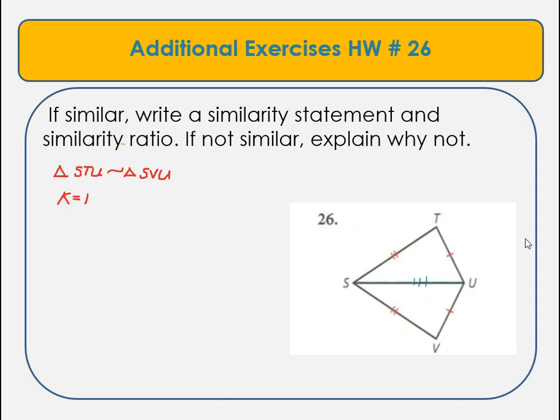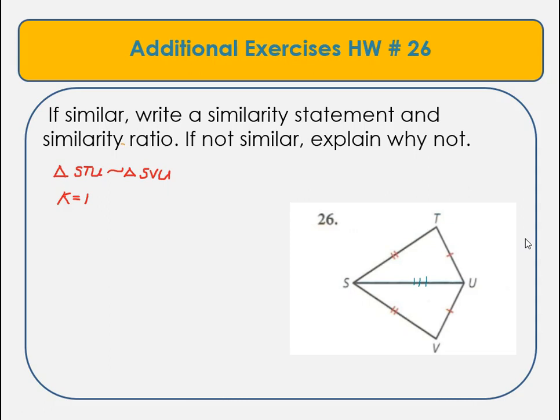And the similarity ratio for this pair of triangles is a little different than the other ones because, first of all, we have no values to compare, but we do know that they're congruent. And because they are congruent, we're saying that they are equal. So our similarity ratio would be 1.